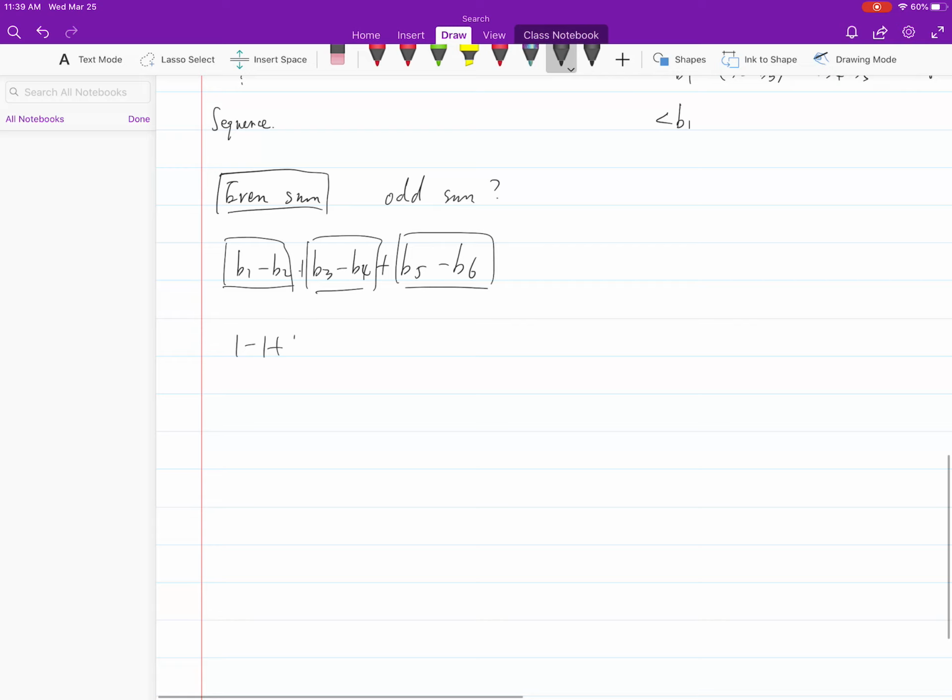Go back to the examples we had before. Do you remember this? We had in class, right? We'll ask, okay, what's the answer? The first answer is 1 minus 1 plus 1 minus 1 plus 1 minus 1. This is nothing but 0 plus 0 plus 0 plus 0, right? Together, you have 0.